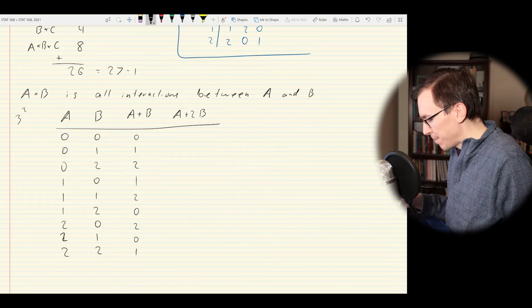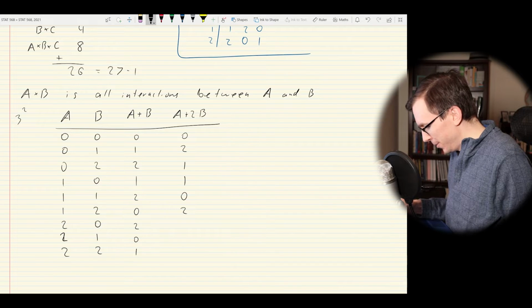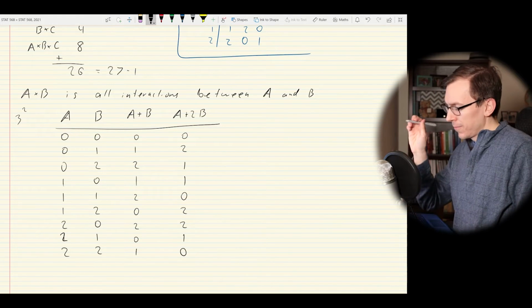If we combine them as A plus 2B, we get a 0, 2, 1. We would get a 1, 0, 2, and we would get a 2, 1, 0.